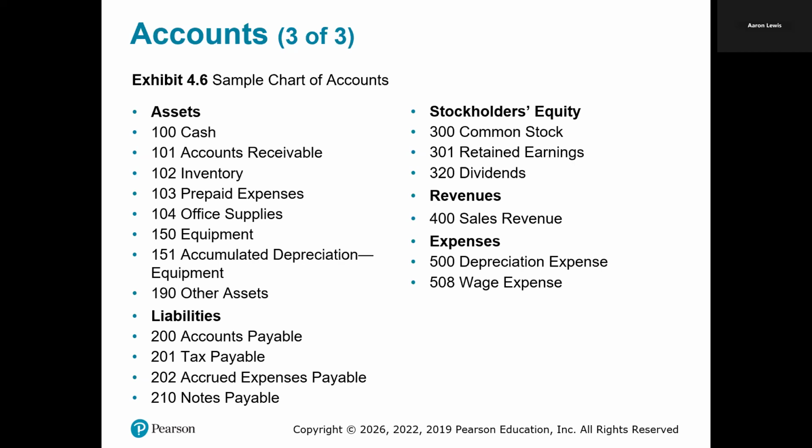Please be mindful of the names of the accounts that you have on your company's chart of accounts. Companies have more than one bookkeeper. And if you're using a similar but not exact name for an account than somebody else, it'll look like there's two different accounts on there, like it's two different events on the books. For example, we have accrued expenses payable down here. What are accrued expenses? They are all of the expenses that you adjust for at the end of the period.